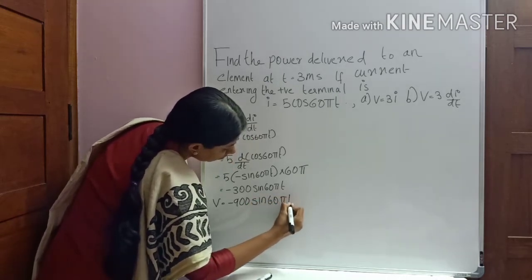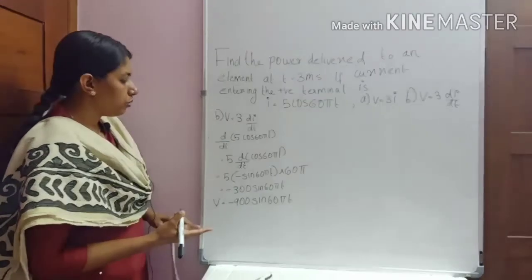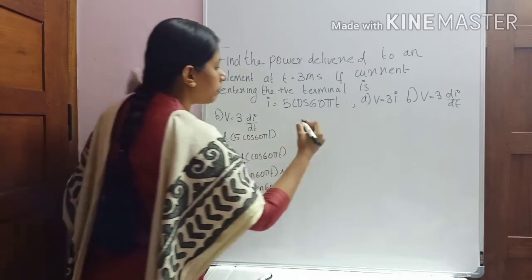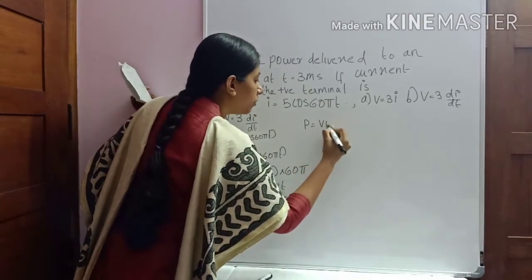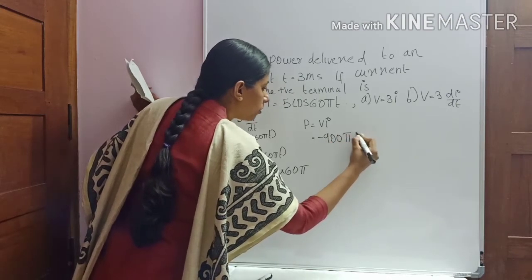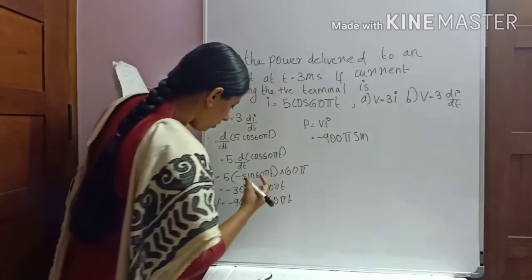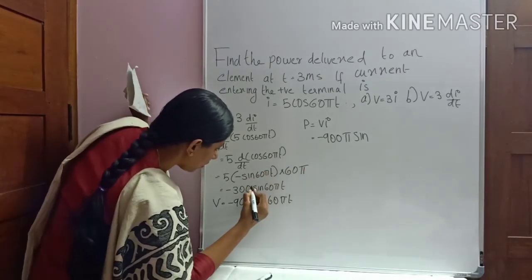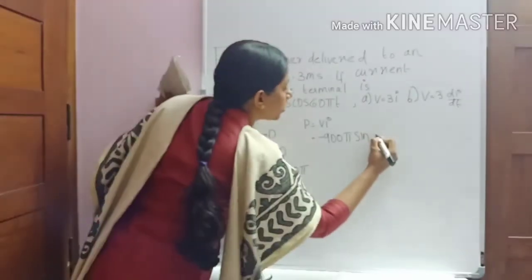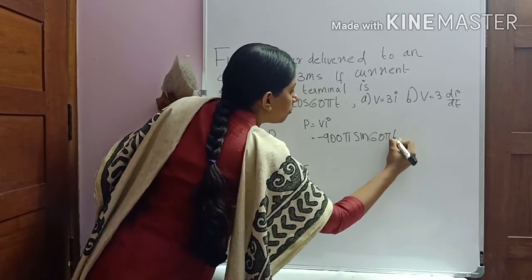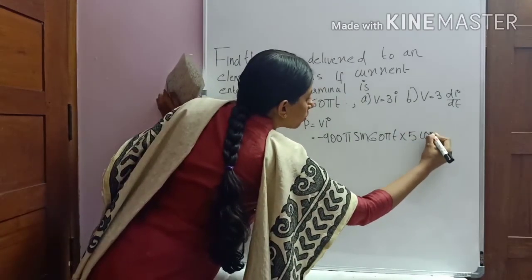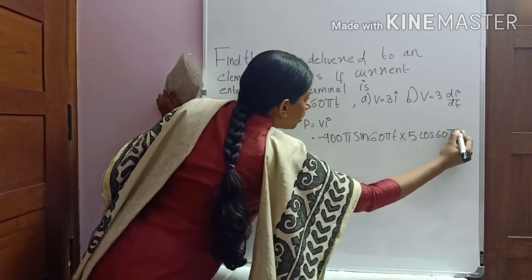Now you have to substitute the value of V in the equation of power. P is equal to V into I. Therefore minus 900 pi sine 60 pi t into, the value of I, which is 5 cos 60 pi t.